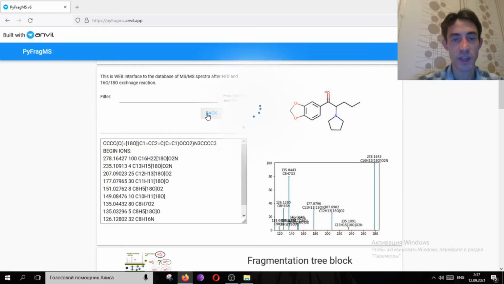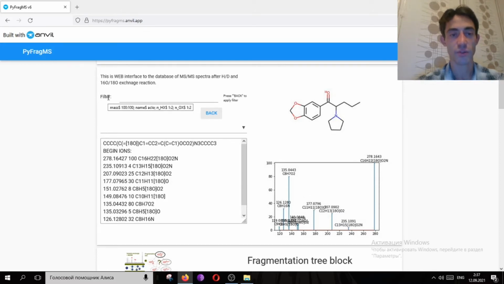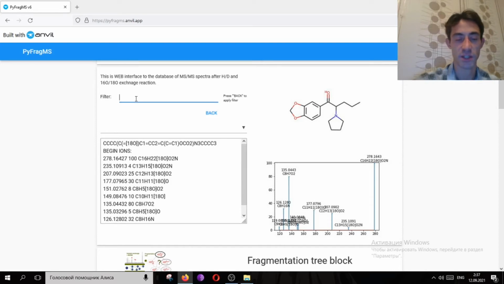For simplification of the search for compounds, it is possible to use filters. It is shown here how to use it. For example, we would like to select only compounds from a specific mass range. In this case, we should write such an expression.